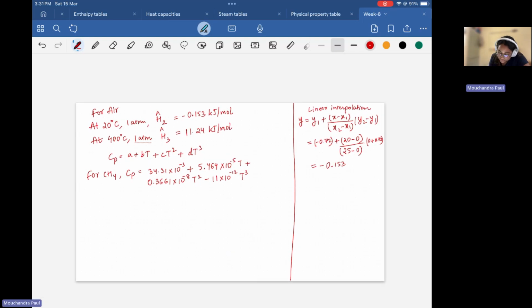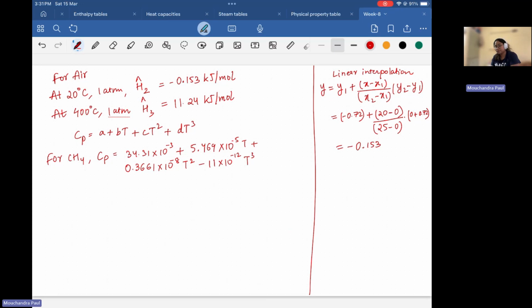So this is your equation for Cp, specific heat capacity.